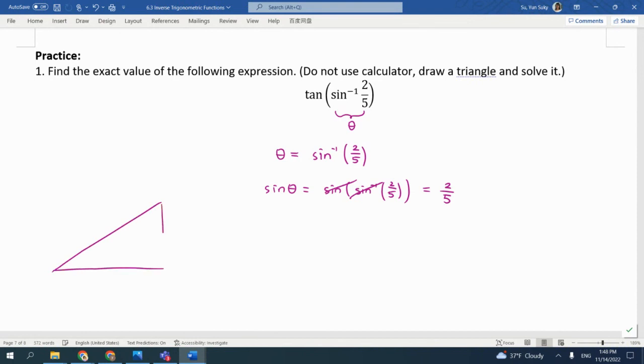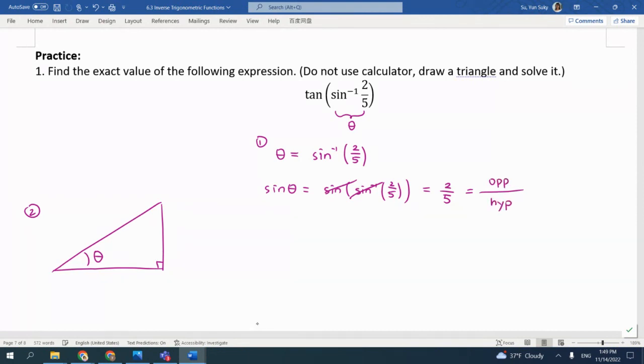So step 1, figure out your theta. Step 2, draw the triangle. Draw your triangle and put this lower left angle to be theta. Sine is what? Opposite over hypotenuse.